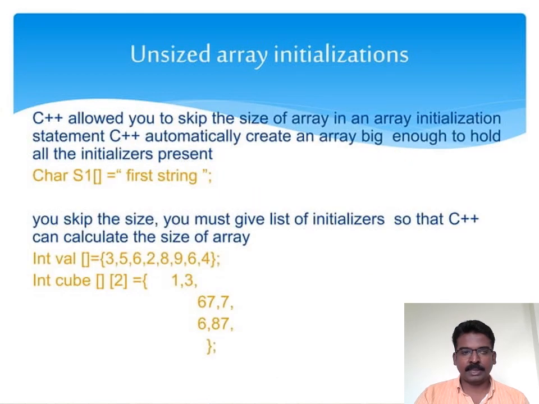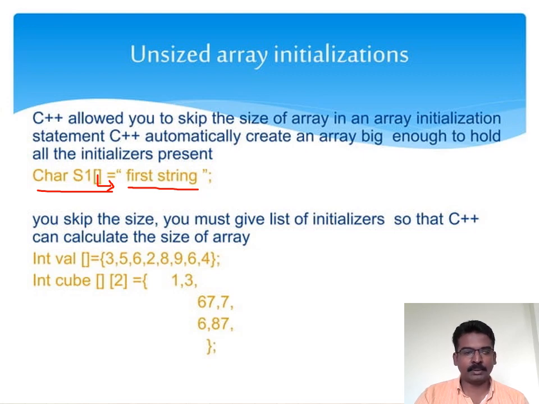Now, unsized array initialization. Take this example. Here we are going to create an array named S1. Normally we would mention the size of the array here, but we haven't mentioned it. So automatically this array will take its size according to the number of elements that are assigned to it.